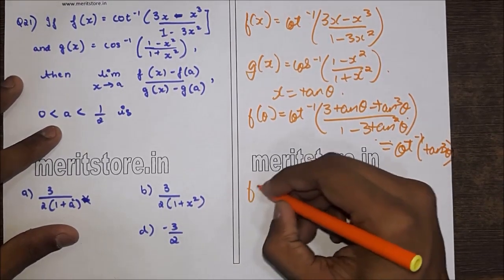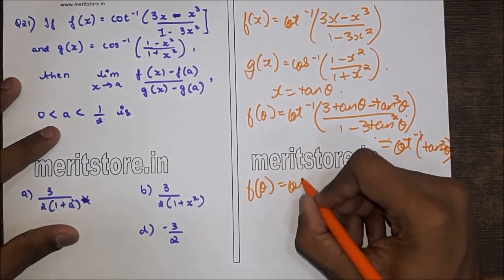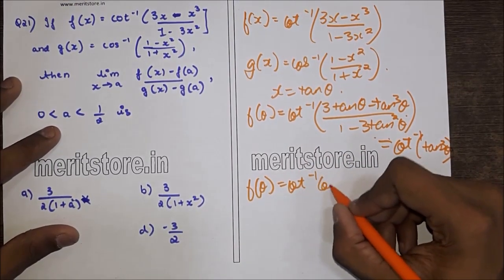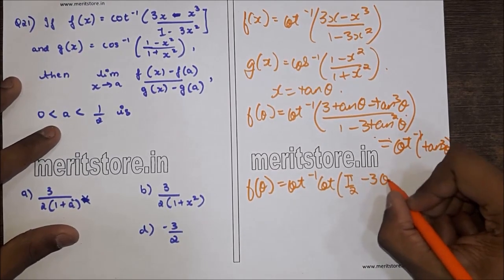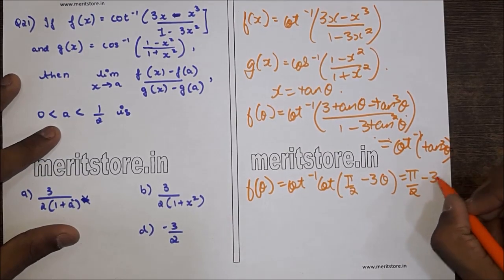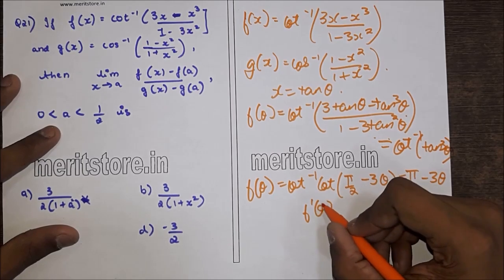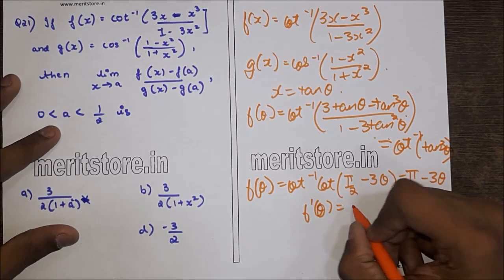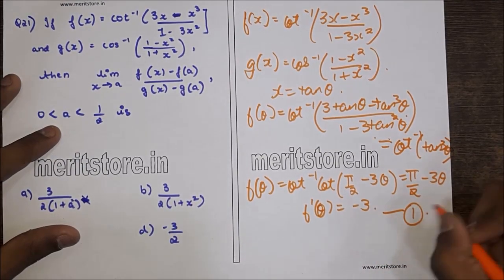Then we write f of theta equals cot inverse of cot of pi by 2 minus 3 theta, which is nothing but pi by 2 minus 3 theta. Therefore we get f dash of theta equals minus 3.